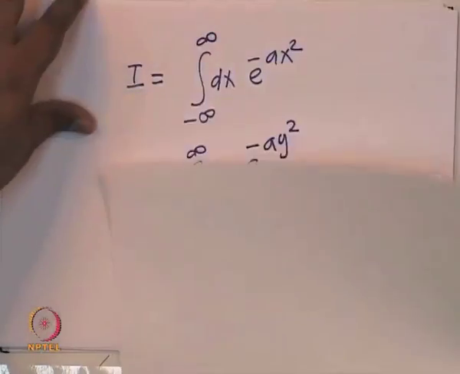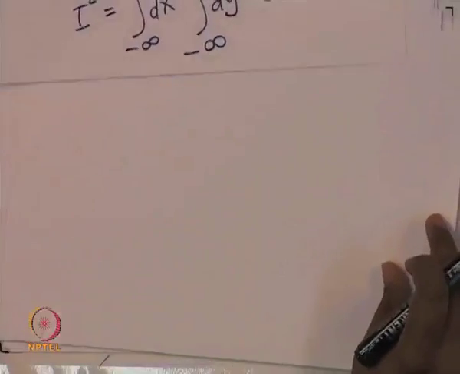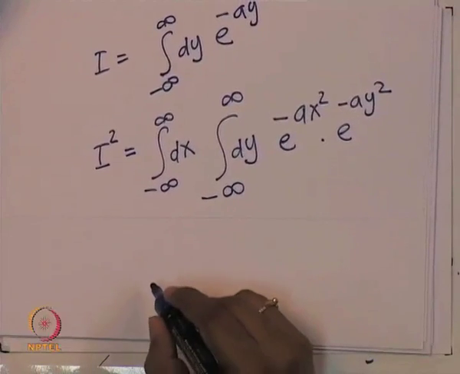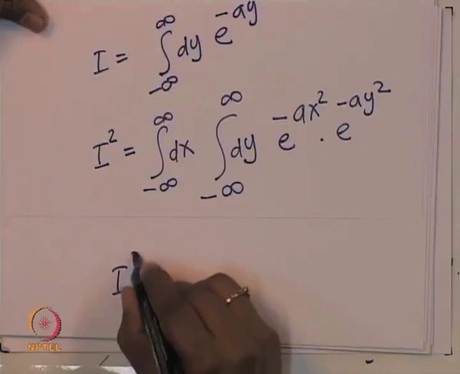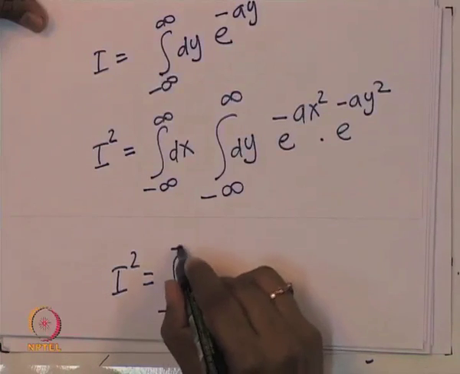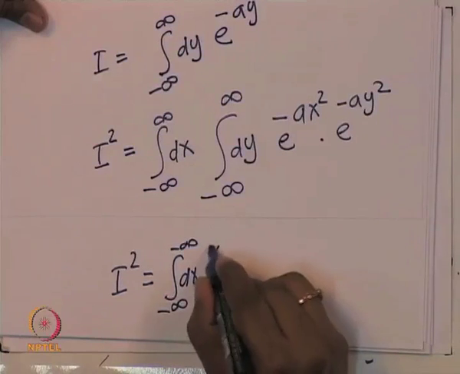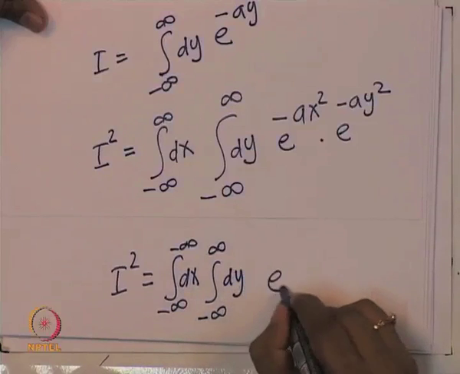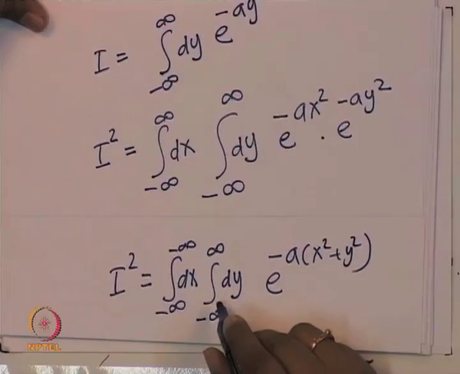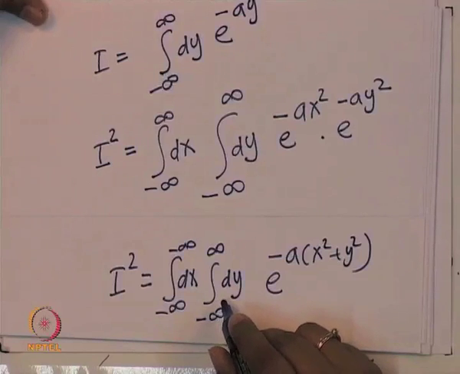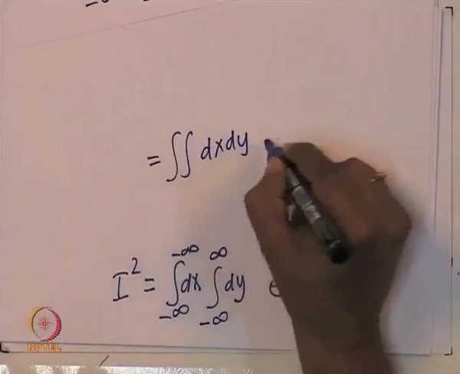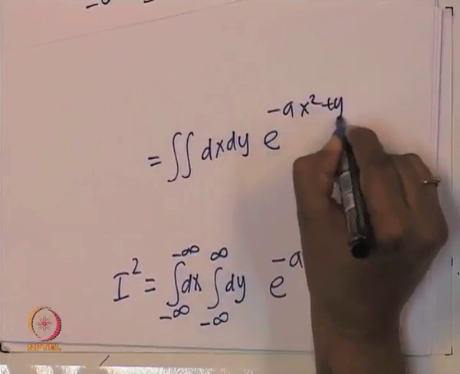So, I square is integral dx dy e power minus a into x square plus y square. So, this is basically a double integral.